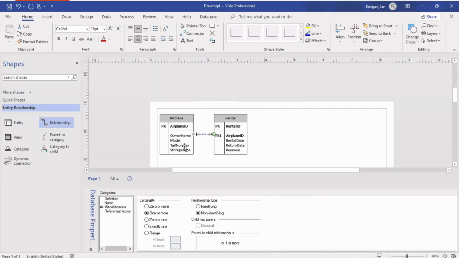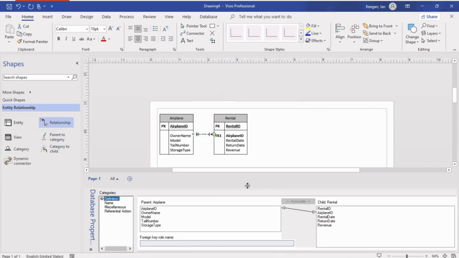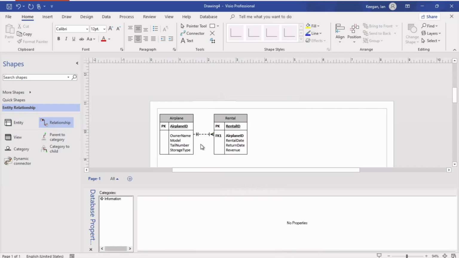All right. So first here we have the relationship between the airplane and the rental. You can see one airplane can have many rentals, but each rental is only for exactly one airplane, one and only.